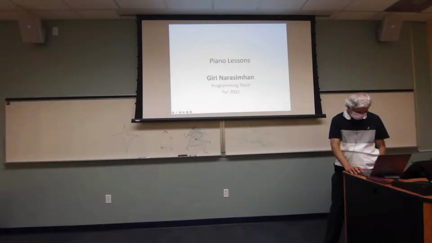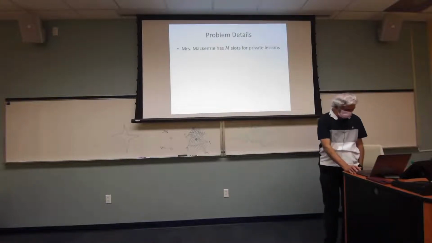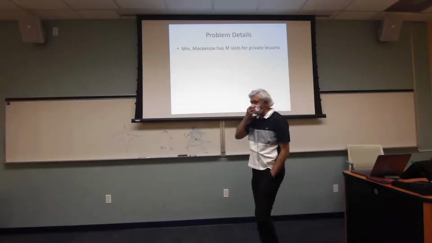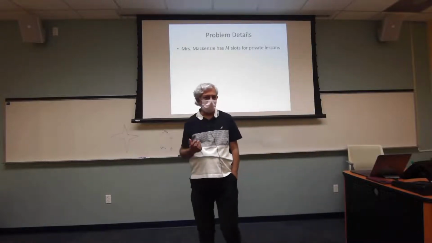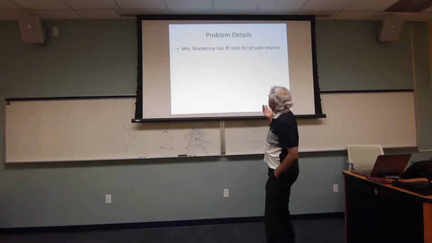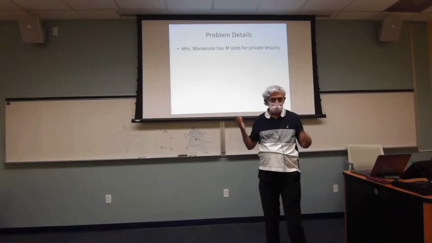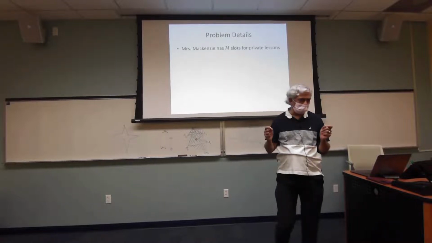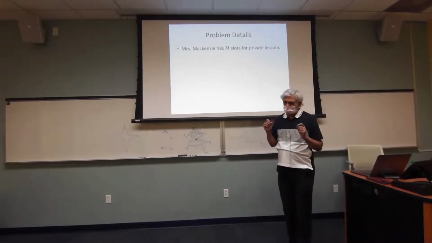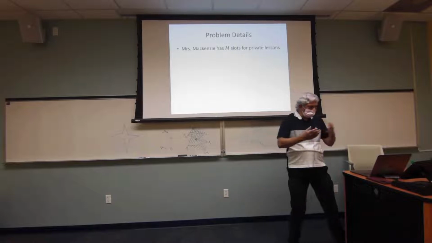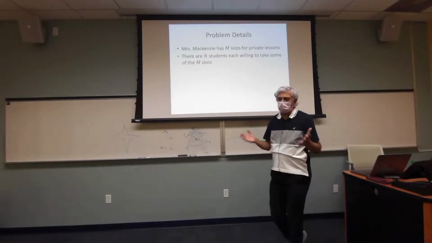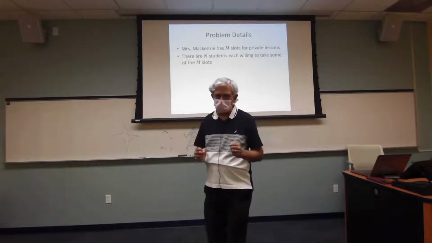All right, so as Nawaz said, this problem describes Mrs. Mackenzie, who is a fabulous teacher, and she only has M slots, and she only gives private lessons. So only one student at a time, and students go and sign up. However, they don't directly sign up for specific slots.